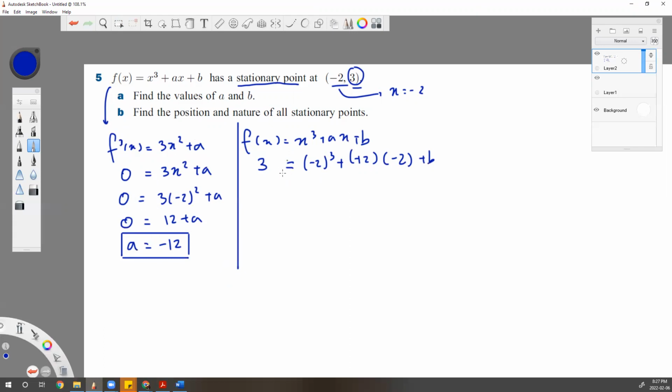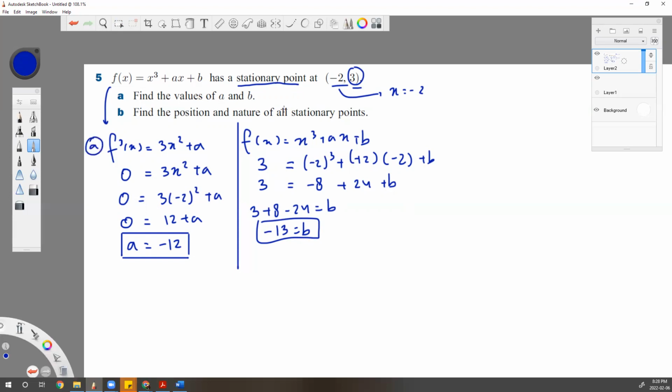So 3 equals negative 8 plus negative 12 times negative 2, which is 24, plus b, right? So 3 plus 8 minus 24 equals b. Next, 3 plus 8 is 11. 11 minus 24 is negative 13 equals b. Okay, so we get the values of a and b already.